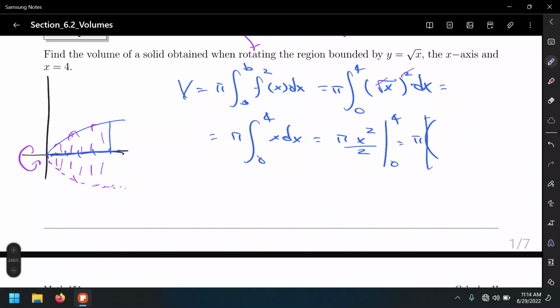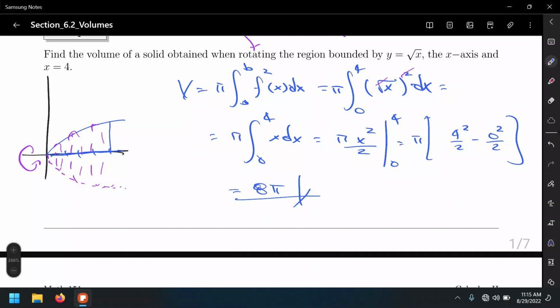That's 4 squared over 2 minus 0 squared over 2. And well, 4 squared, which is 16, over 2, that's 8, minus 0, that's 8, times pi, 8 pi.